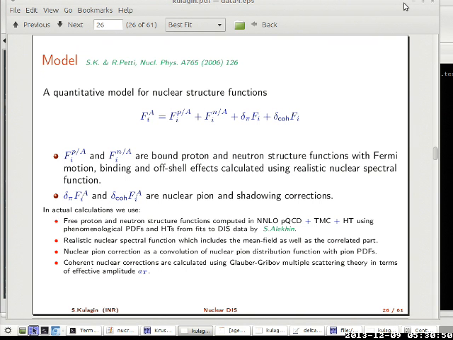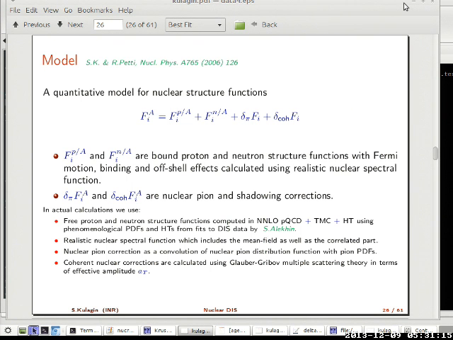And so the coherent part of interaction, this one, which is important at small x, is governed by the effective amplitude, and for this particular analysis we have only one amplitude in the transverse channel.